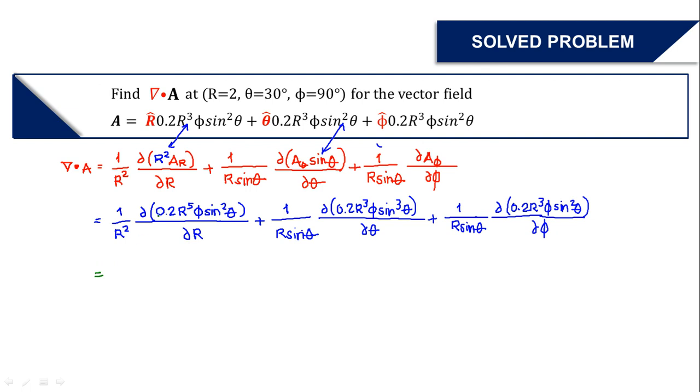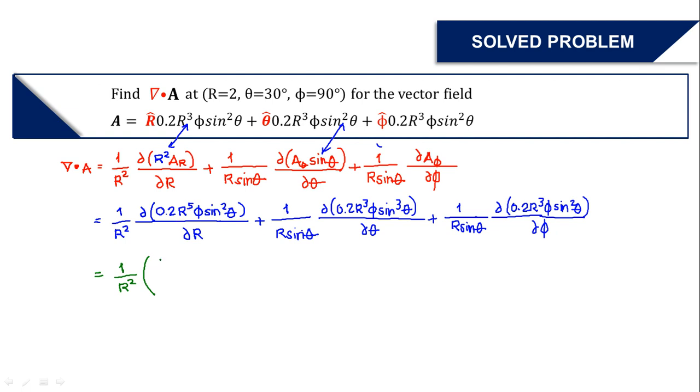Next, solve na natin yung ating mga partial derivative muna. Hindi muna natin gagalawin itong mga factor na to para hindi naman tayo mahirapan. So, dito, we will get partial derivative with respect to r. So, magiging r to the fourth na yan, di ba?